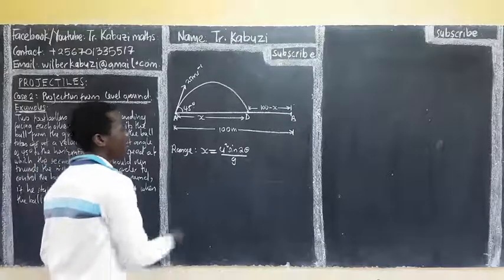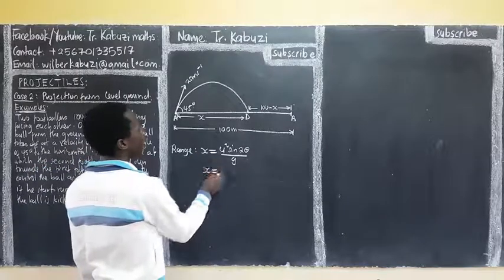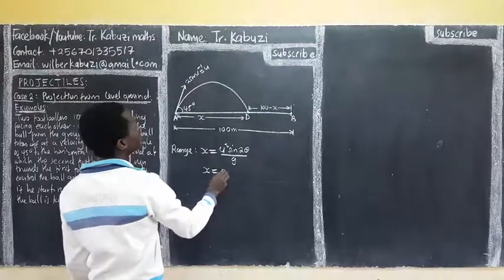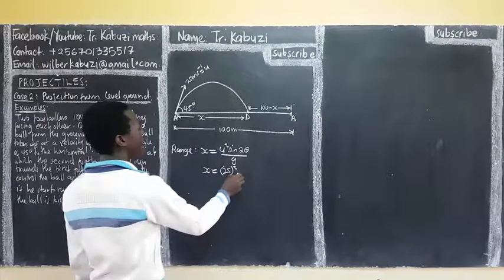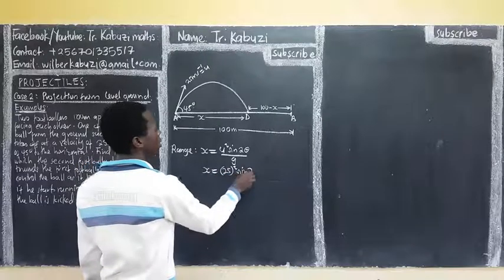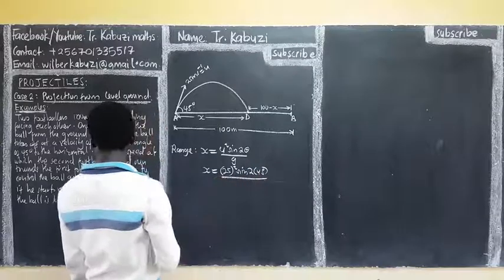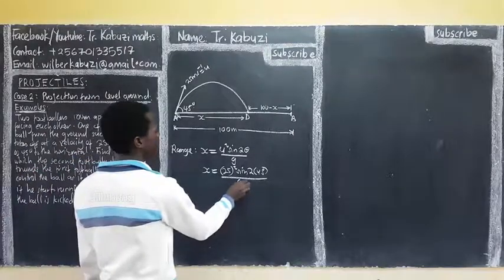We saw this formula. So our x is going to be our u, the initial velocity, 25 squared, then sine of 2 into 45, the whole over 9.8.